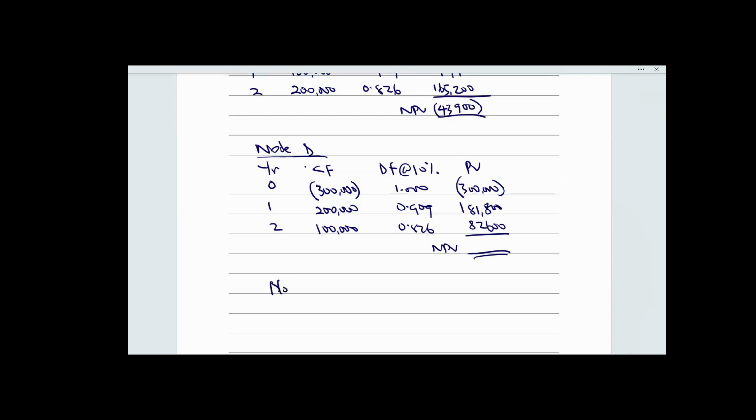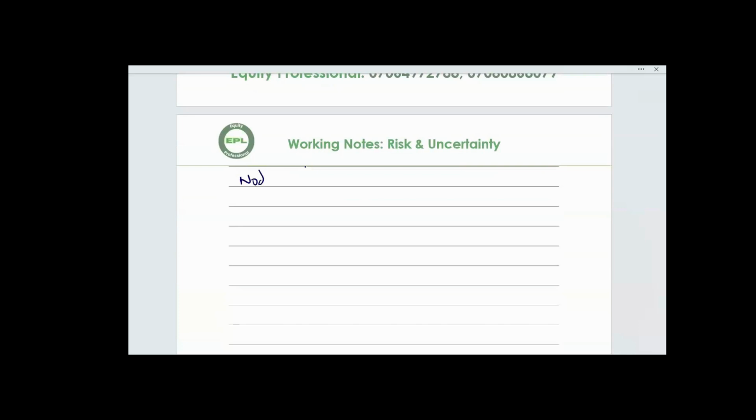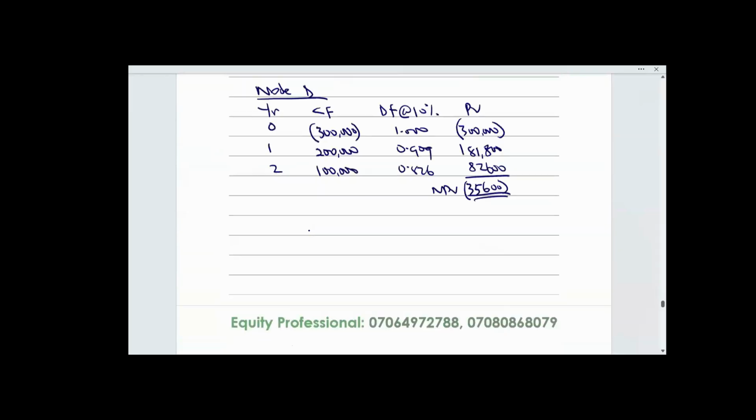Node E. So this one will not accommodate. Node E: year 0, 300,000.